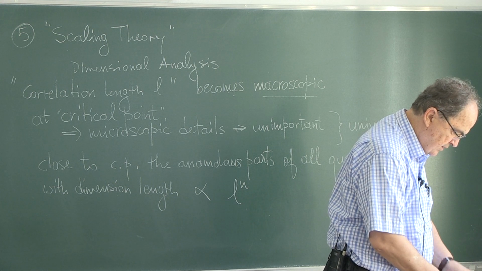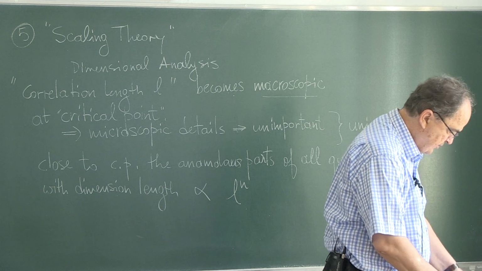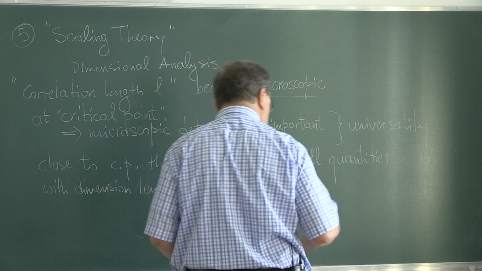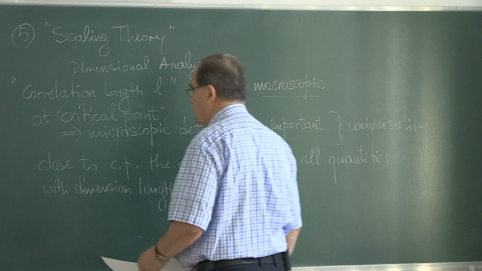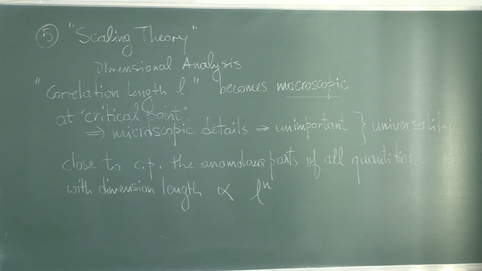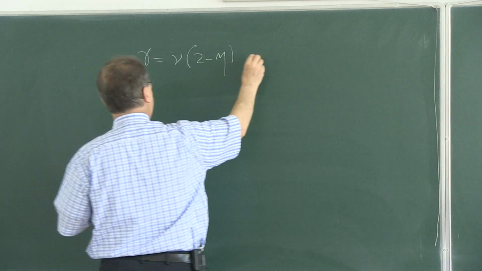So using this, you can get relationships between critical exponents. I will summarize them as follows. These relationships go with the names of those who discovered them. For example, gamma is nu times (2 minus eta). This is the Fisher law.